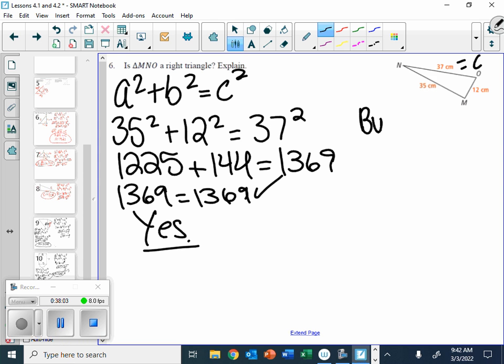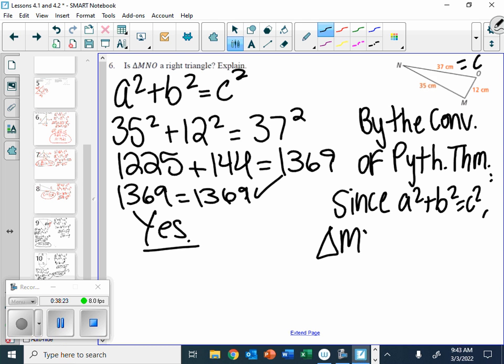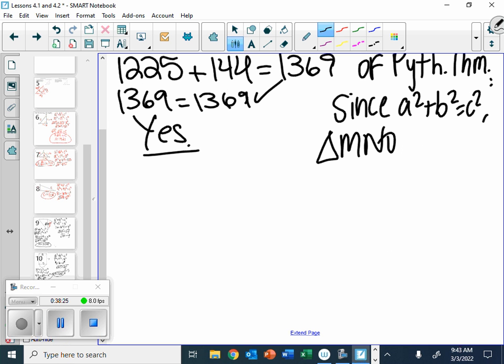So we can say, and I'm going to abbreviate a lot, by the converse of the Pythagorean theorem, since a squared plus b squared equals c squared, triangle MNO is a right triangle.